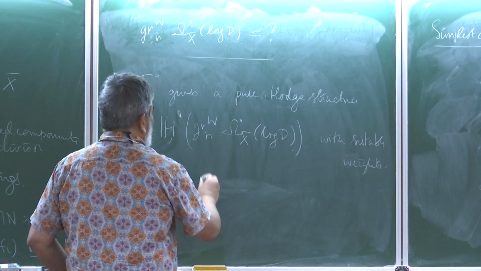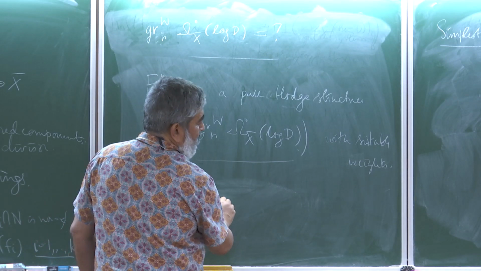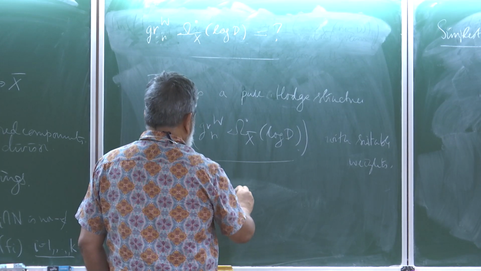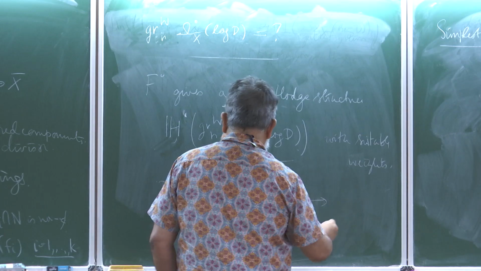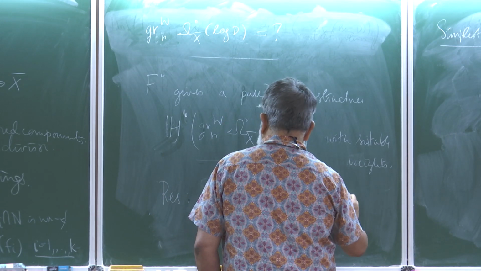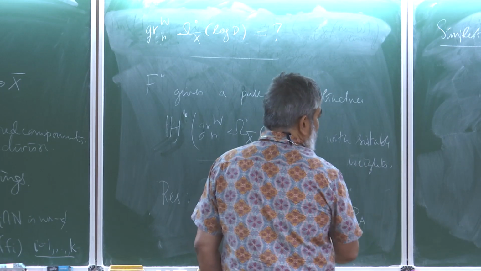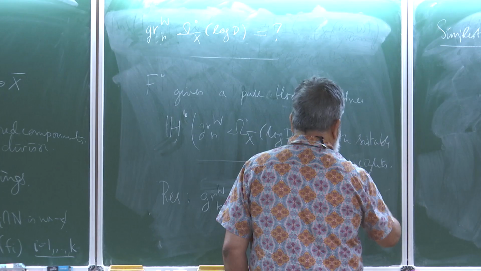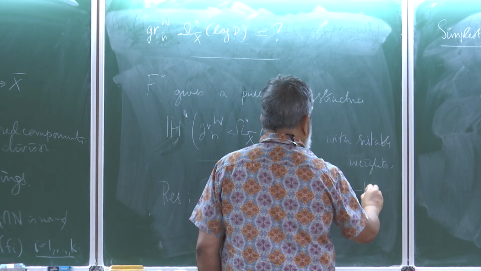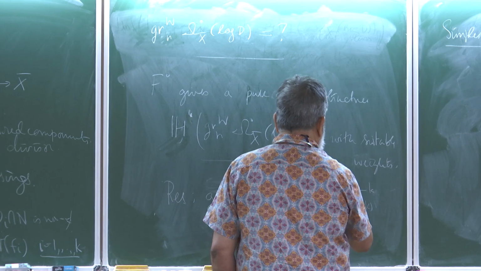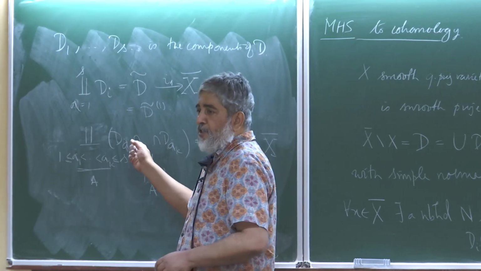So the statement is that the residue isomorphism of grade k, W, omega dot X bar log D, is isomorphic to omega dot D_A^k, and there's no log now, with degree shifted by minus k, direct sum over A. And as I just remarked, you should take the direct sum only over components which actually exist.